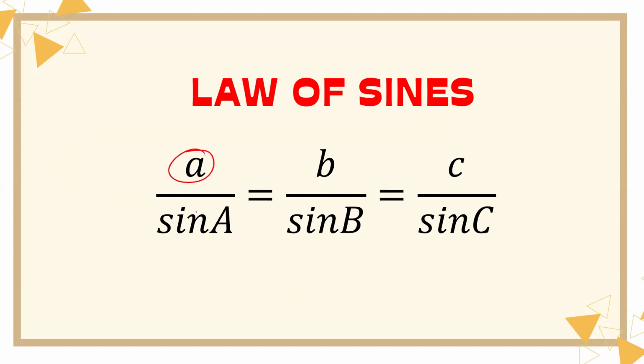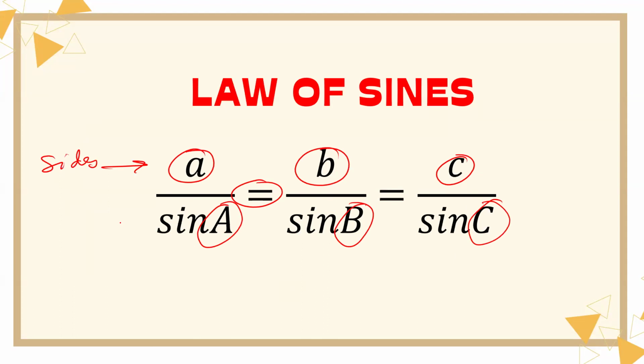Side a over sine of angle A is equal to side b over sine of angle B is equal to side c over sine of angle C. So do not forget that all sides are in the numerator while the sines of the angles are in the denominator. Okay?